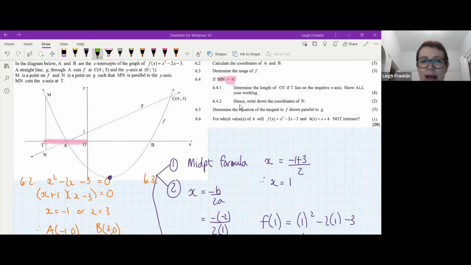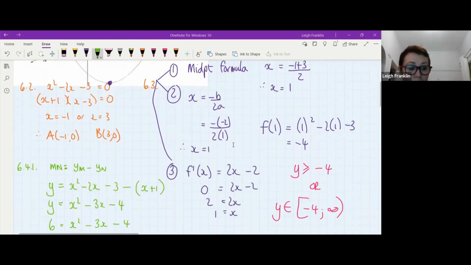What can we say about M and T and N? They are all in the same line. All in the same vertical line, absolutely. So if they're all in the same vertical line, that means they share the same X coordinate.